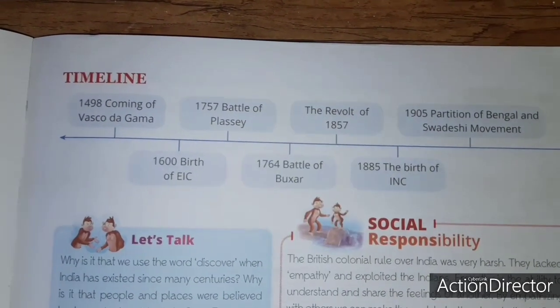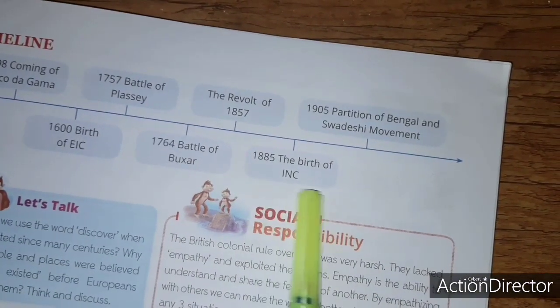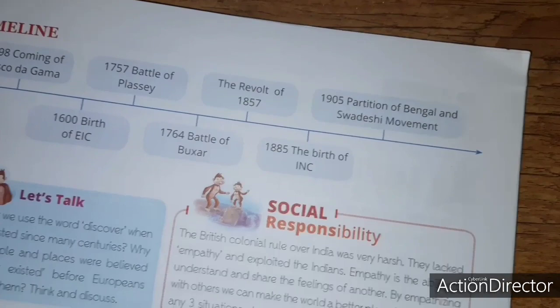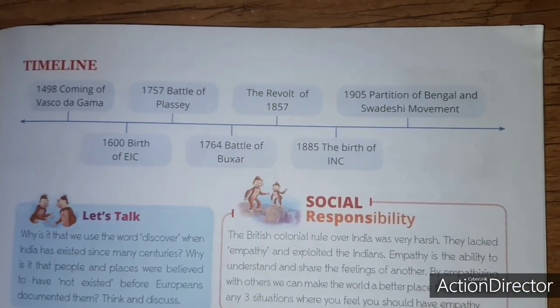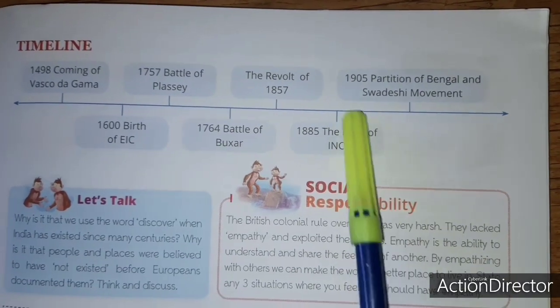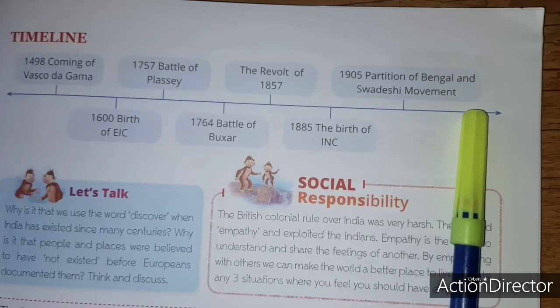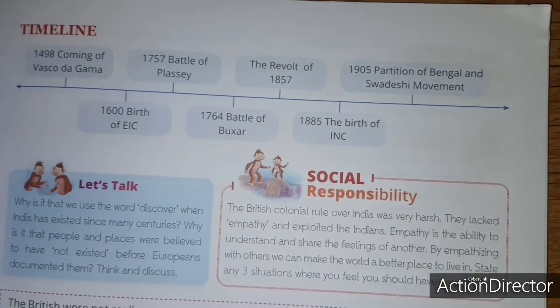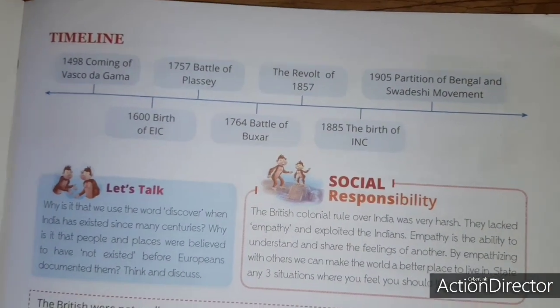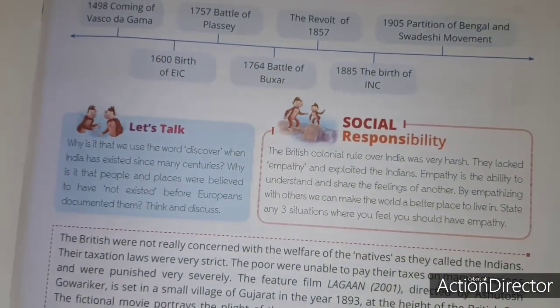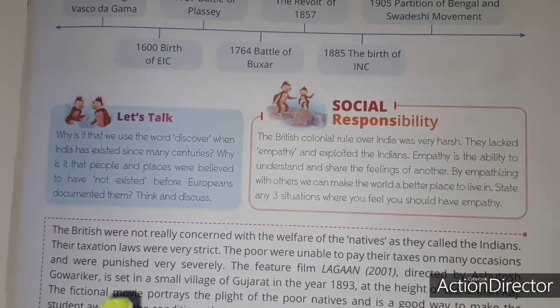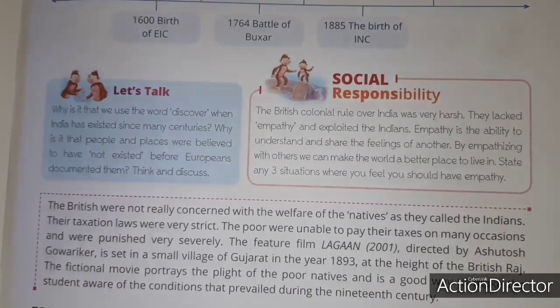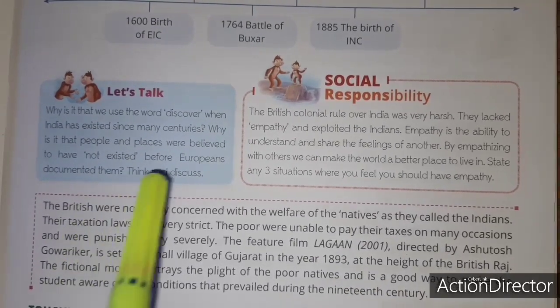All of them joined, but it was curbed by the British. Then in 1885 the Indian National Congress was born, so that they could address their problems to the British, but the British did not listen, and instead they partitioned Bengal. After the partition of Bengal, the Swadeshi movement started, and this much we have learned in this chapter. Please go through these small snippets, and you will find what problems, responsibilities and troubles the Indians took on to free India.